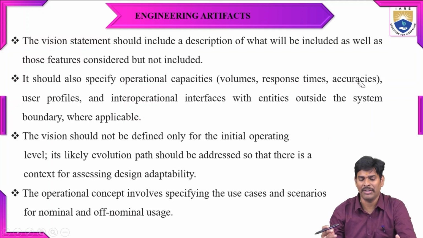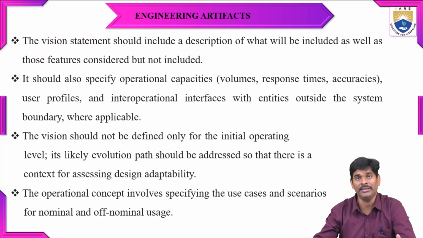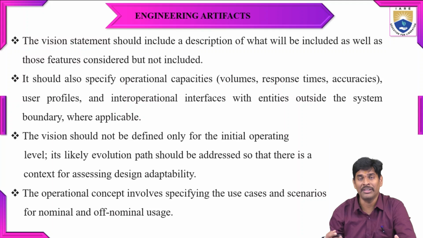So we need to check the different types of operational capacities, and also we need to check the user profiles and interoperational interfaces. These can be the different types of boundaries where applicable. So whether we need different types of boundaries, whichever is applicable, there we need to set them for these operational capabilities.